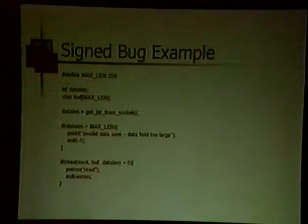Basically, the program's getting an integer from the socket and checking if it's greater than 256, and if it is, it's exiting, and if not, it reads it into a buffer. The problem is that because the integer is not explicitly declared as unsigned, we can pass a value like -1, and a signed comparison will occur, and the program will think, great, this is less than 256, we can do the read from the socket and copy much more data into the buffer than in fact we want to.